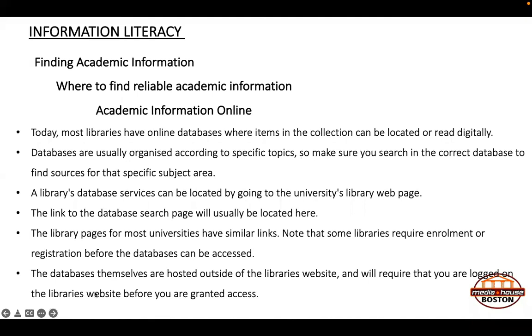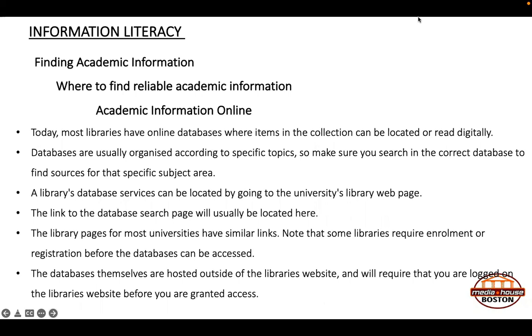Academic information online. Most libraries will have information that can be read digitally and online. And we need to understand how we can research and use these databases for our specific subject area. So we'll go to the university's library webpage, and then there will be a link to the library.